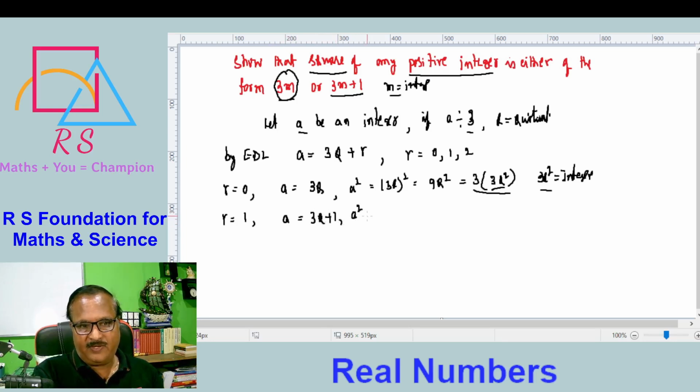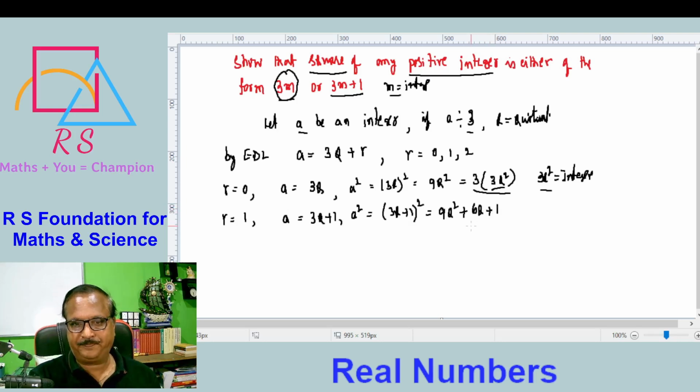Then a square is 3q plus 1 whole square. Using the a plus b whole square formula, I will write directly 9q square, plus 2ab which is 6q, plus 1. So this is 9q square plus 6q plus 1.